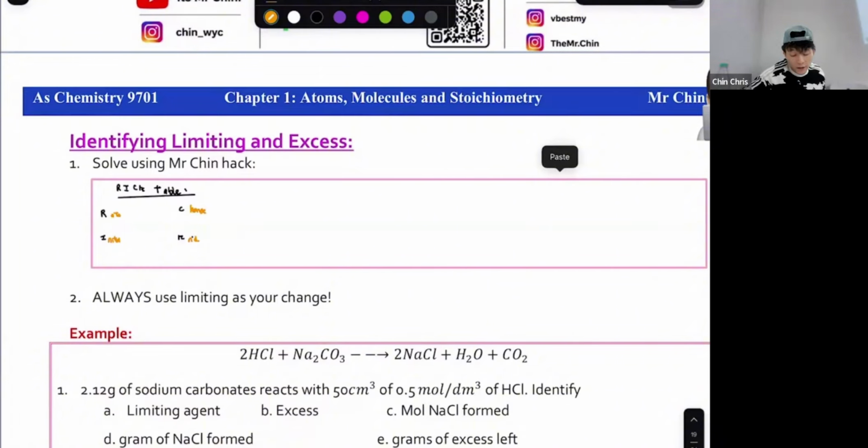Alright, guys, done. Now let's look at your RICE table first. I want you to elaborate on your change. The difficult part is your change. Remember, the change for product is always plus because product is going to form more and more. Reactant is going to get used up, so reactant is always minus.